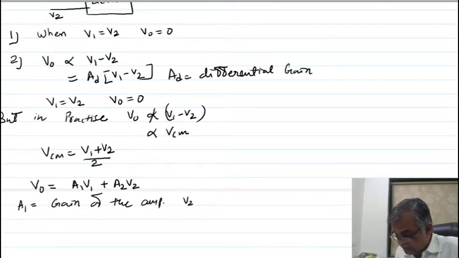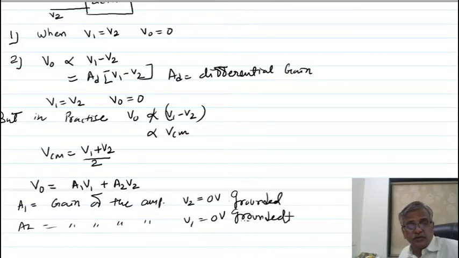when V2 is grounded, and A2 is the gain of the amplifier when V1 is grounded. Look here, VO is equal to A1 V1 plus A2 V2. Here A1 is the gain of the amplifier when V2 is grounded, and A2 is the gain of the amplifier when V1 is grounded.